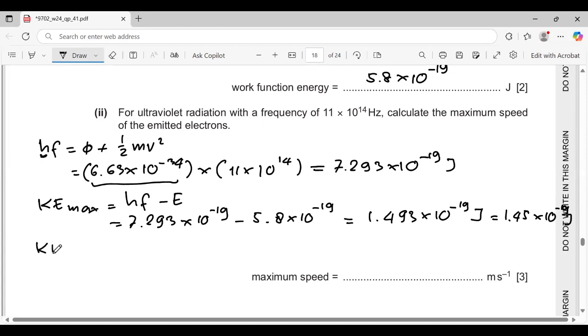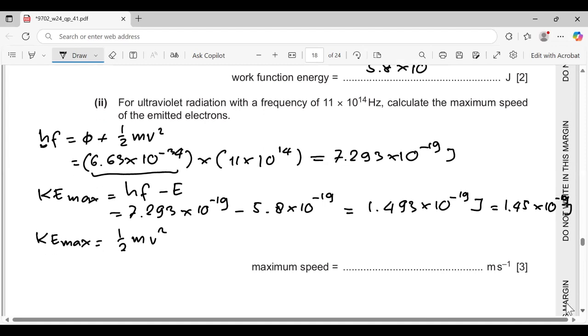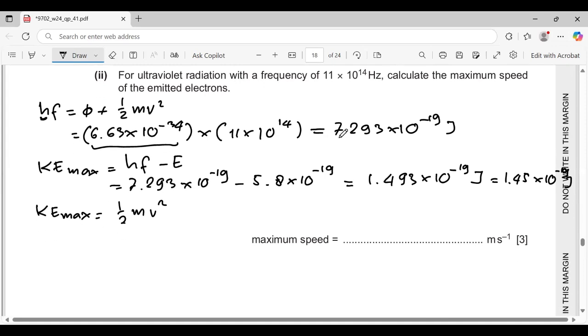So the kinetic energy maximum is 1/2 mv squared. Based on this information, kinetic energy maximum is 1/2 mv squared, so 1.493 times 10 to the power minus 19.